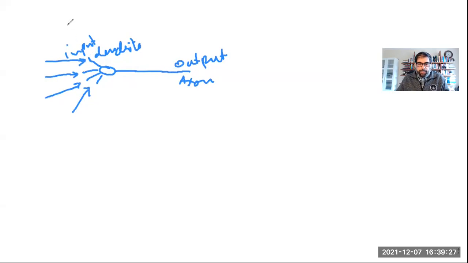So there might be many axons that connect to the short branches of this one neuron, and you have signals coming in through all of these branches. These are the junctions which connect the axons with dendrites of another cell.